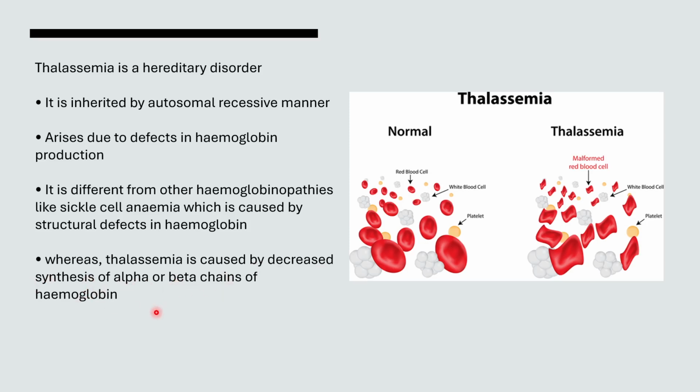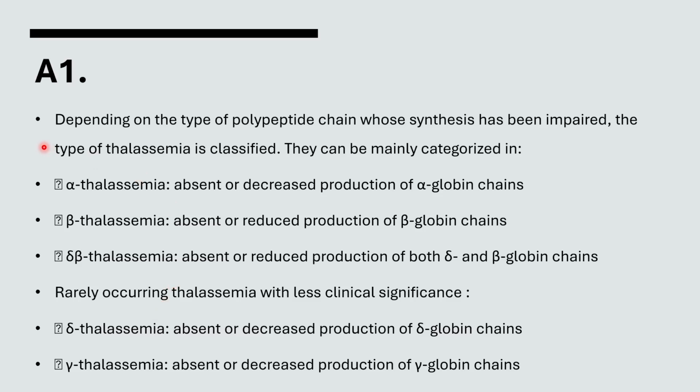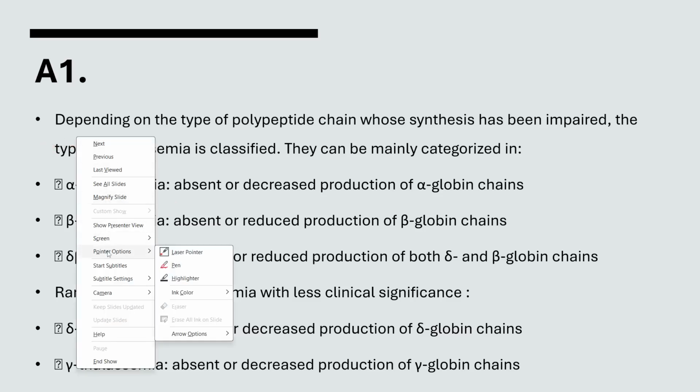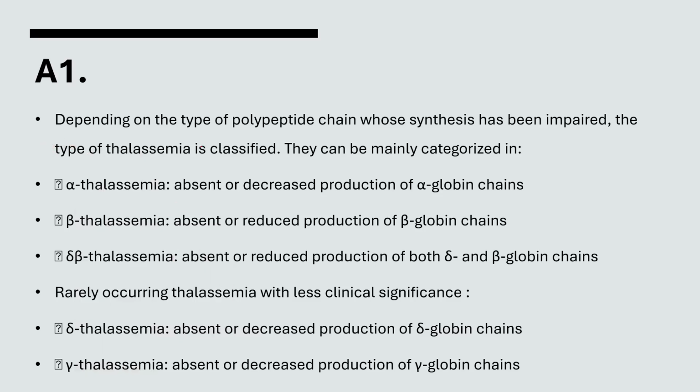Fine, and depending on the type of polypeptide chain, that is, whether it is the alpha chain or beta chain whose synthesis has been impaired, the type of thalassemia is classified. They can be mainly categorized as alpha thalassemia, that is absent or decreased production of alpha globin chains.